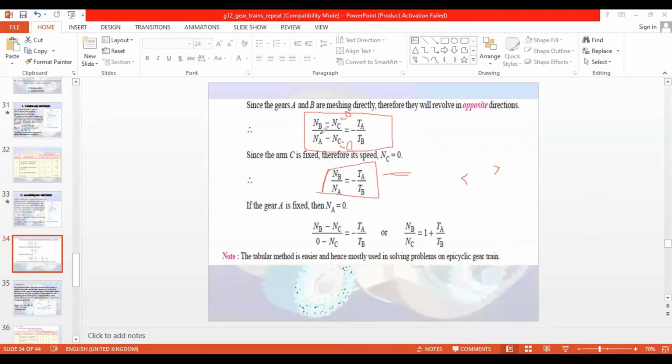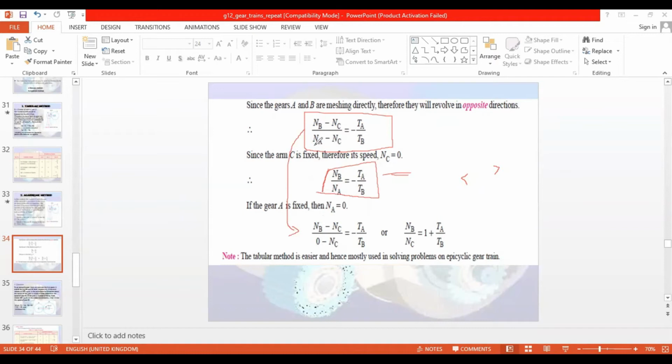Right? If I leave C to move and if I fix only A to 0, what will I do? I will put A is equal to 0 here, but C will move right now because I did not say that C is fixed. So when A is fixed and C is moving, this equation is going to come like this. NB minus NC.